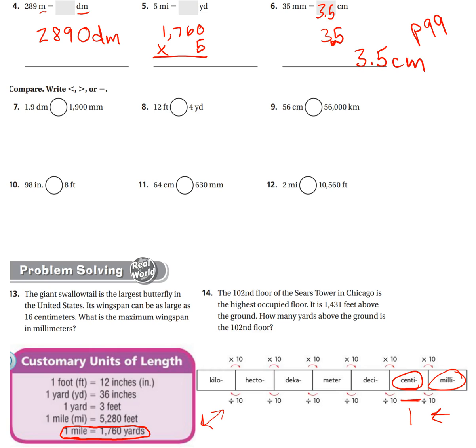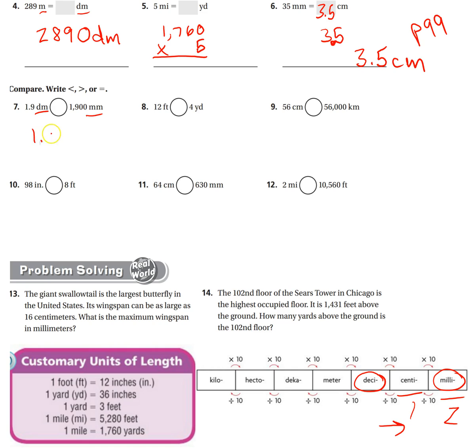For 7 through 12, I'll do a couple. I'll do one that uses the customary and one that uses the metric. So first one uses the metric. So DM we said was decimeters, and we're going to mm, millimeters. So we're going 1, 2, and we're going to the right.